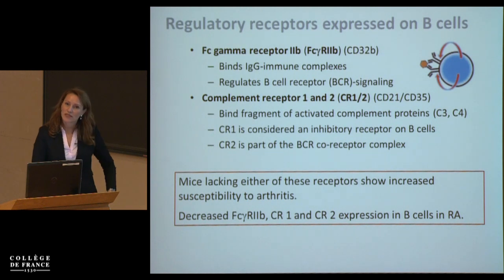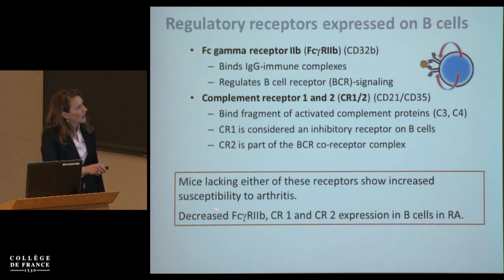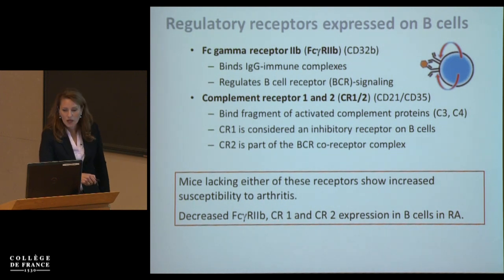So the animals become more sensitive. And we have also done some studies on B lymphocytes in our patients, and we actually see that there is a significantly decreased expression of Fc gamma receptor 2b, complement receptor 1 and 2, which could indicate that the B cells are not so well regulated in RA.